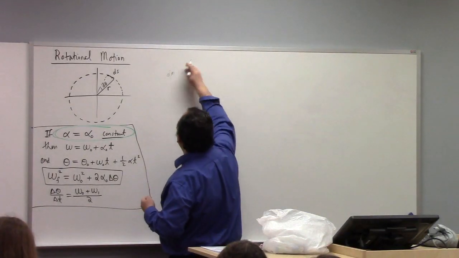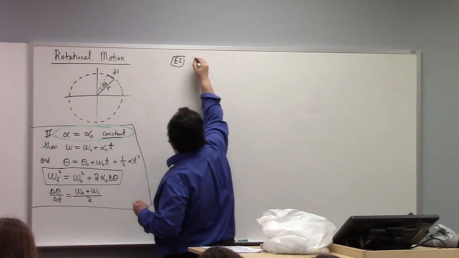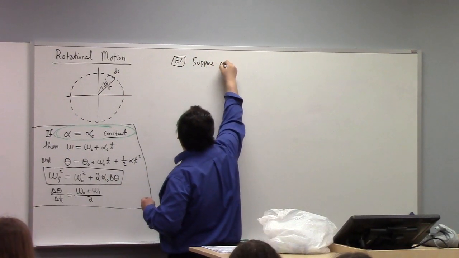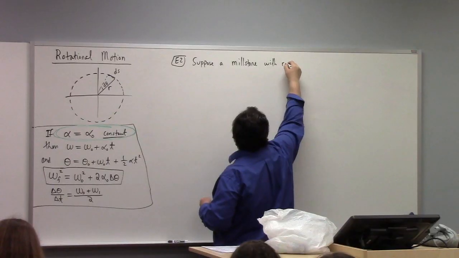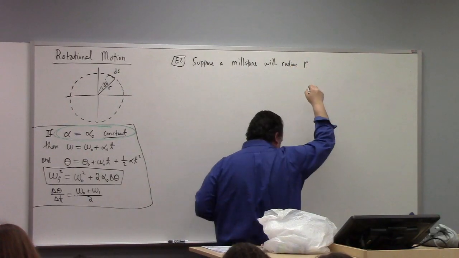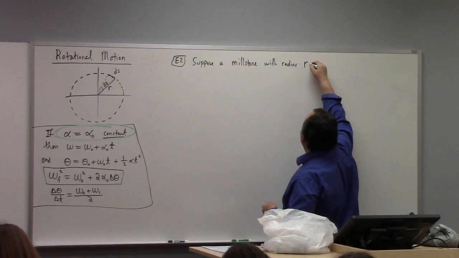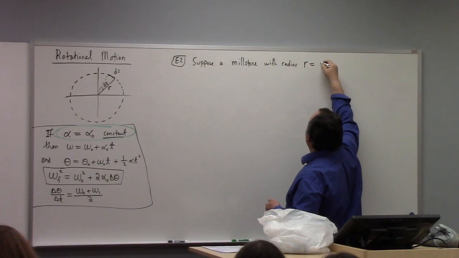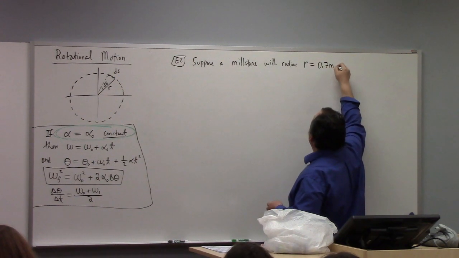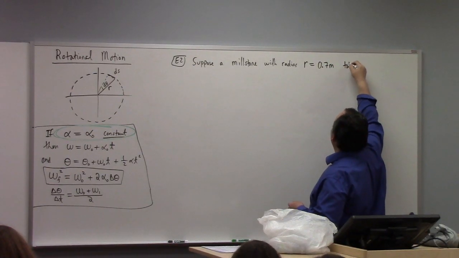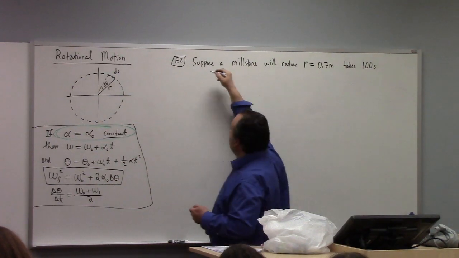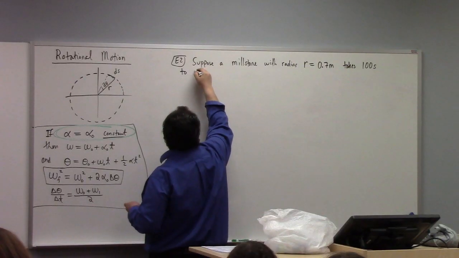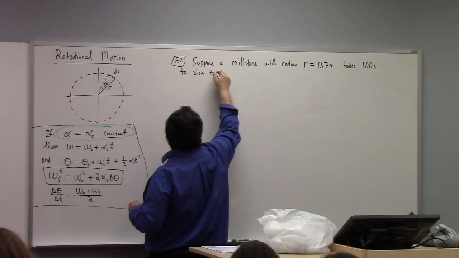So let's see here. Example 2. Suppose a millstone with radius r equals, I don't know, 0.7 meters takes, let's say 100 seconds to slow to a halt.